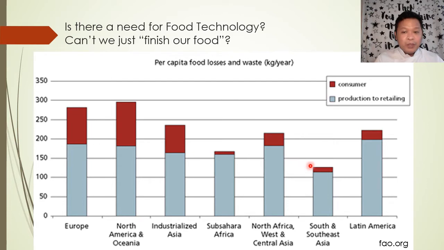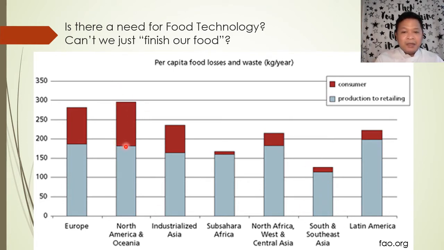kilograms per person per year in South and Southeast Asia, because we are often told to finish our food. As you look at the more industrialized countries, it is almost close to 300 kilograms per year, so almost double that of Asia, in North America.